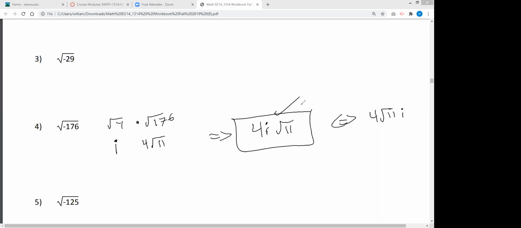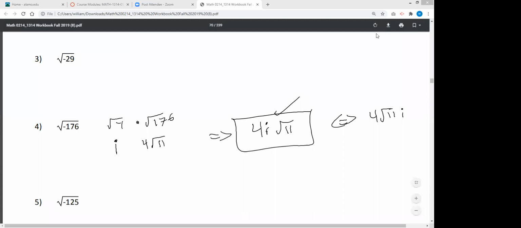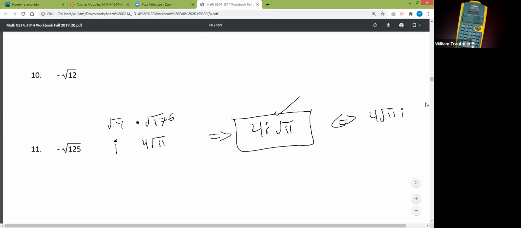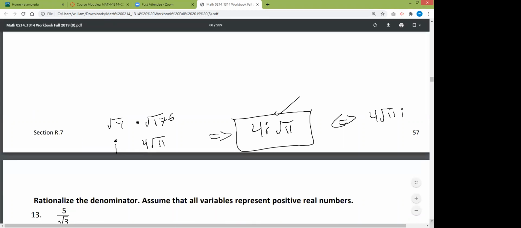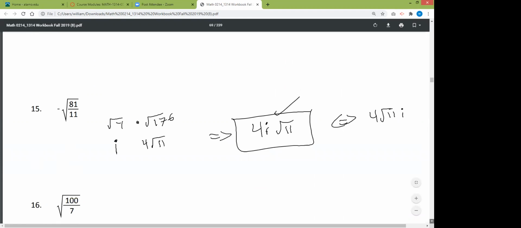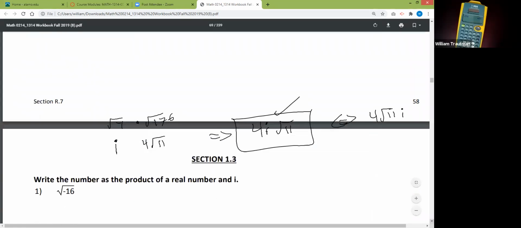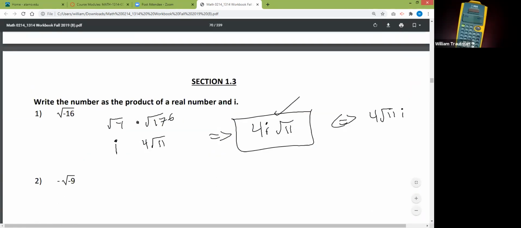So then on number 1 and 2, should we have put the 4 in front, since we just wrote it out regularly? We didn't put it under the square root. Oh, because it simplifies.